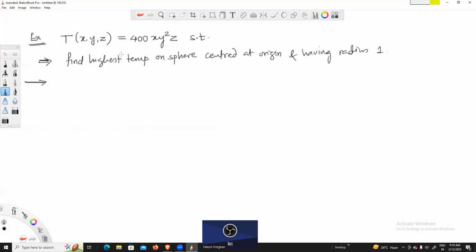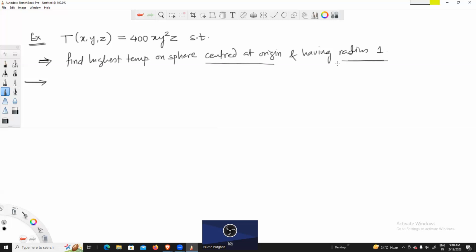So this T of x comma y comma z gives me the temperature in the entire space. If you put the origin, x 0, y 0, z 0, then at the origin the temperature is 0. In space you need to find the highest temperature, but the highest temperature on the sphere, centered at origin and having radius 1.